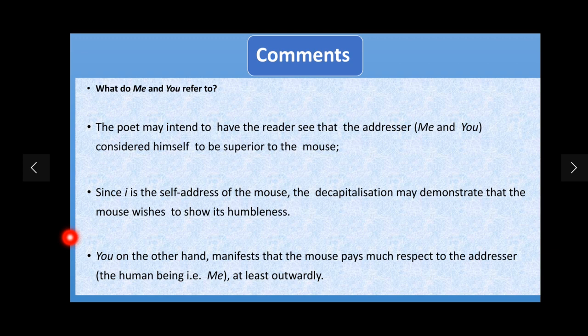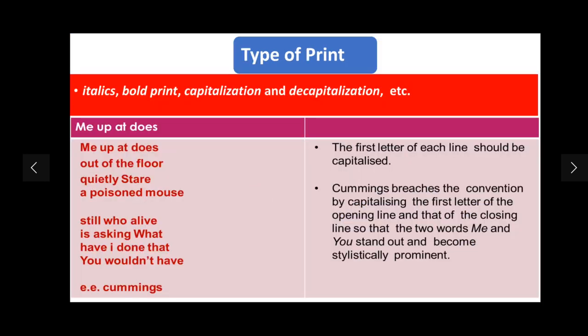Now you, on the other hand, manifests that the mouse pays much respect to the addresser, the human being, me, at least outwardly. So again we have here me and you as the same person. Me is also the addresser and you is also the addresser.